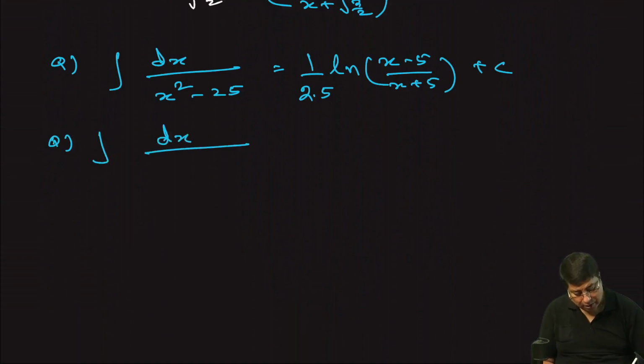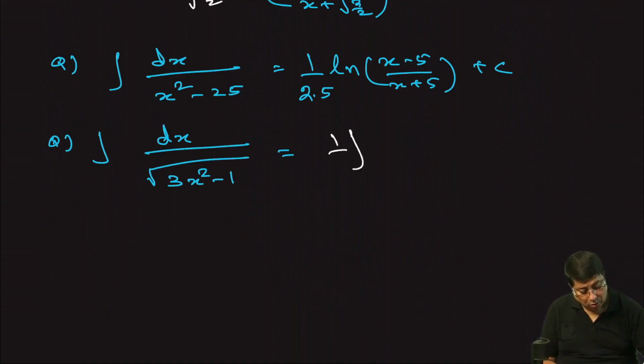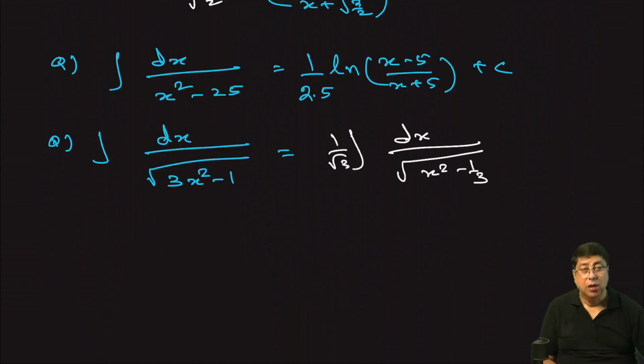dx by root over 3x square minus 1. Once again, the numerical coefficient of x square should be unity. Therefore, I can write here root over of 1 by 3 outside, dx by root over x square minus 1 by 3. So this is root over x square minus a square form.